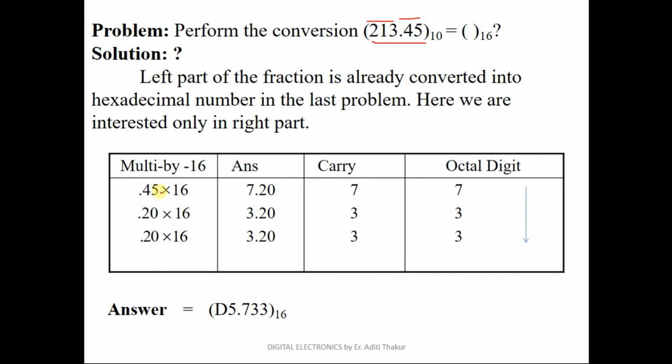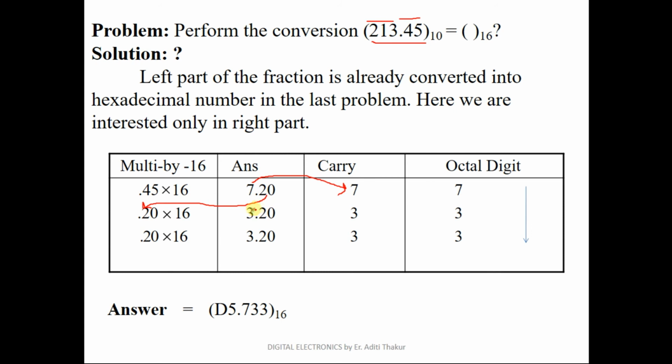So the fraction part, 0.45, we multiply by 16. When we multiply it by 16, we get 7.20. From this answer we take out this carry, and the rest of the part goes to the next step and is multiplied by 16 again. Then we get again 3.20.